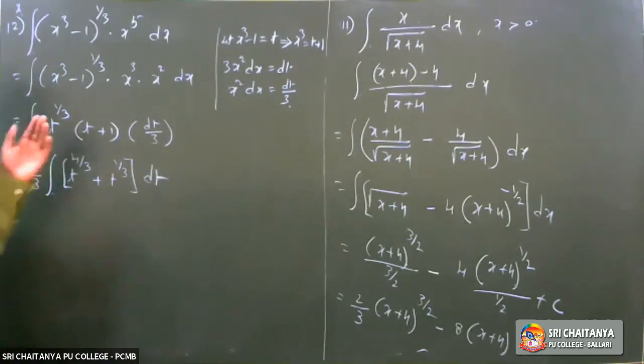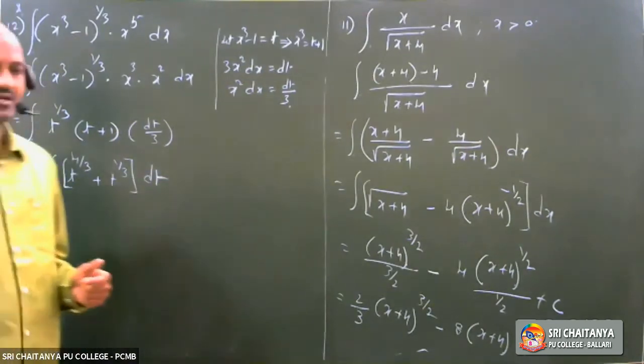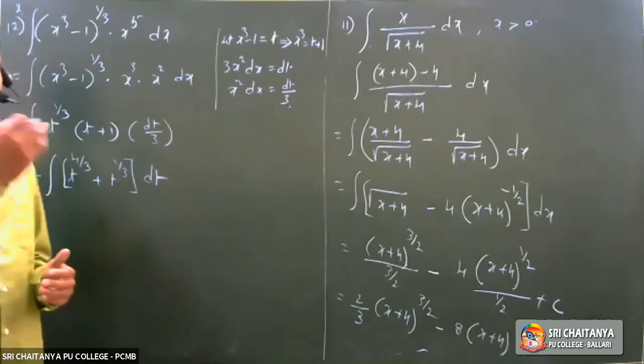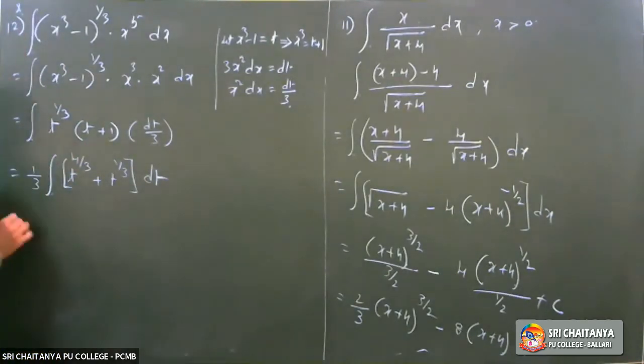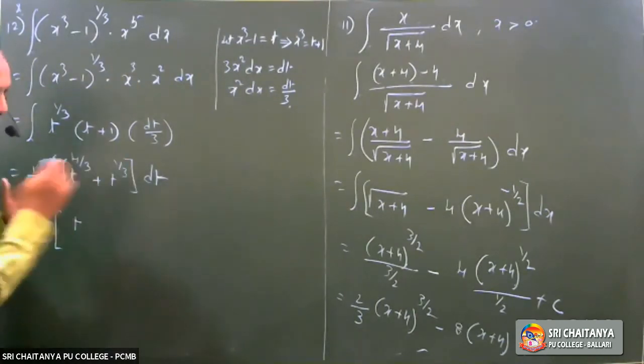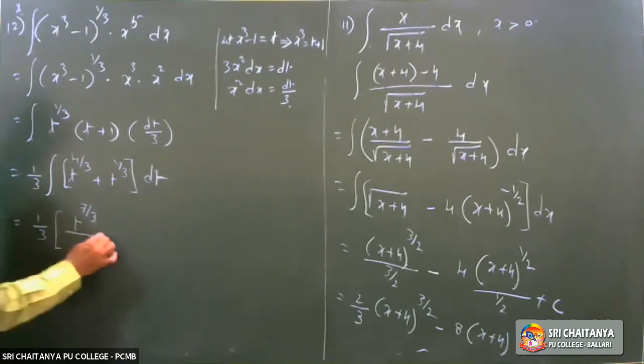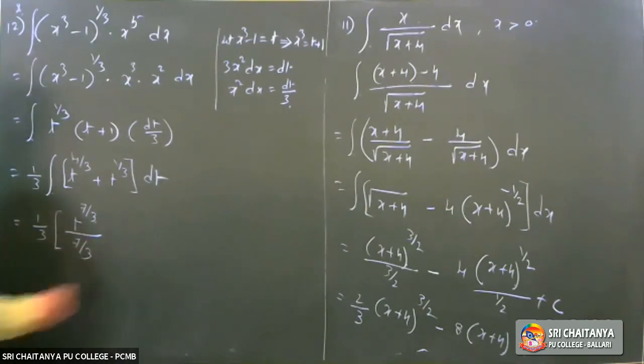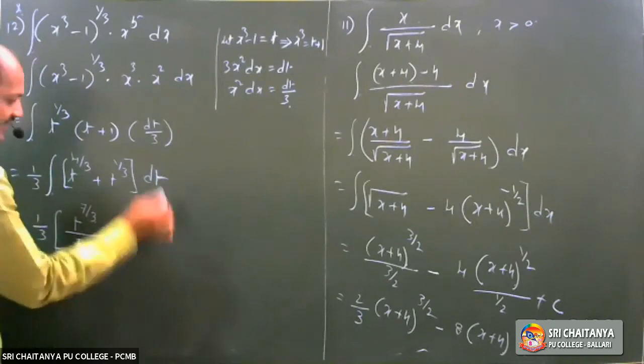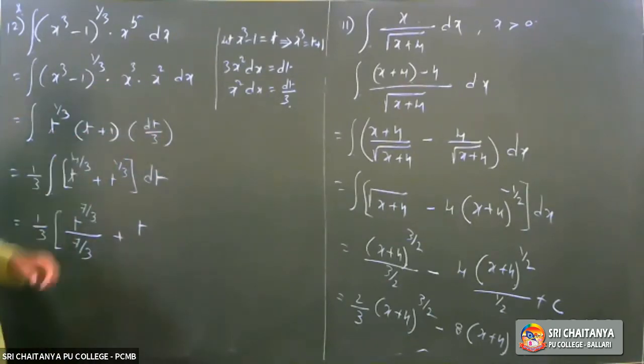Now it is integral of x power n form: x power n plus 1 by n plus 1. 1 by 3 into t power 4 by 3 plus 1, it is 7 by 3, divided by 7 by 3.